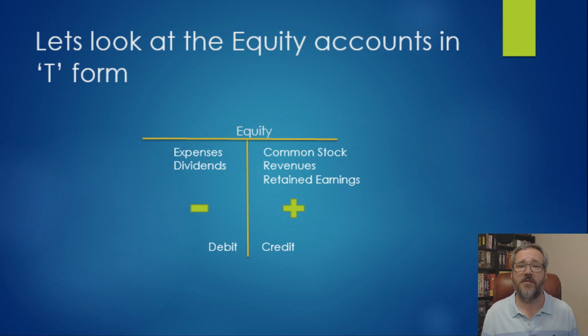Expenses are a negative to equity. Dividends are a negative to equity. Common stock, revenues and retained earnings are a positive to equity. So I have to remember that, while a credit increases my equity accounts in general, I have these anti-equity accounts, if you will, expenses and dividends, that I have to debit to show that they are being removed from equity.